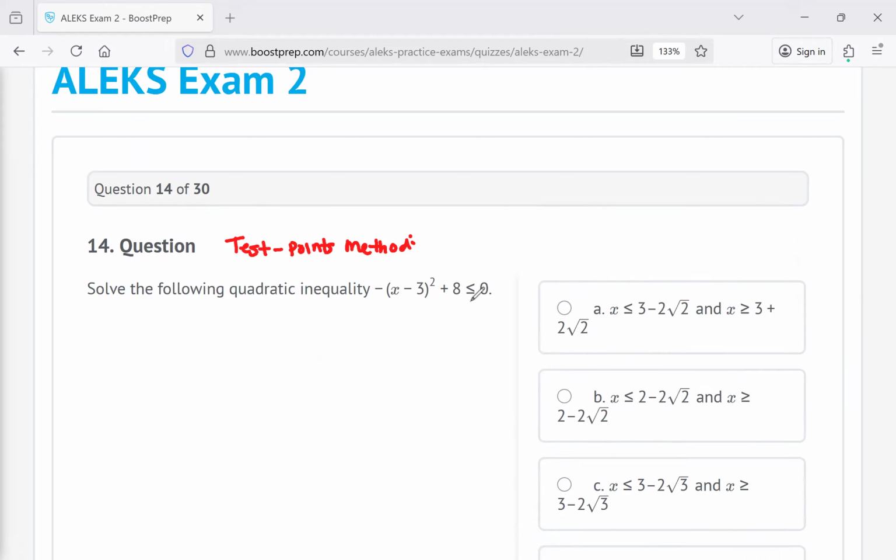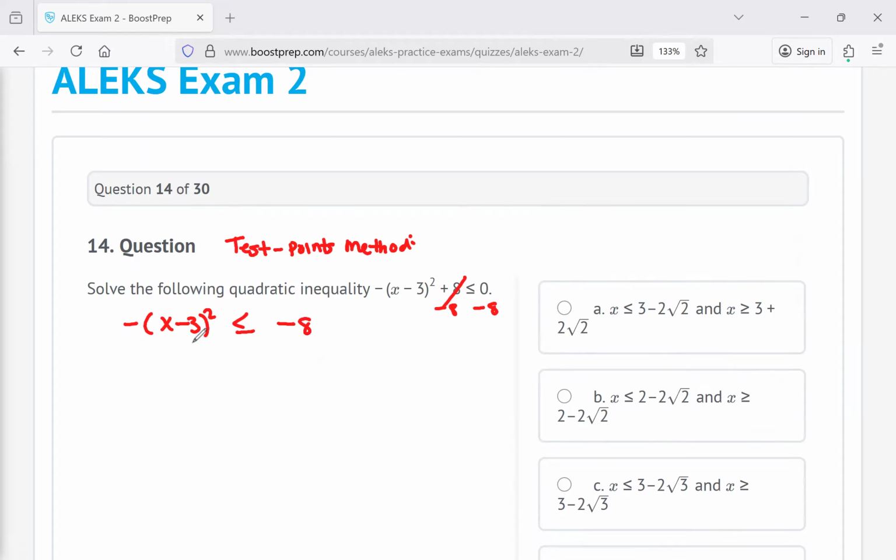What I would do first is move that 8 to the right. So this cancels. Now you have negative parentheses x minus 3 squared is less than or equal to negative 8.